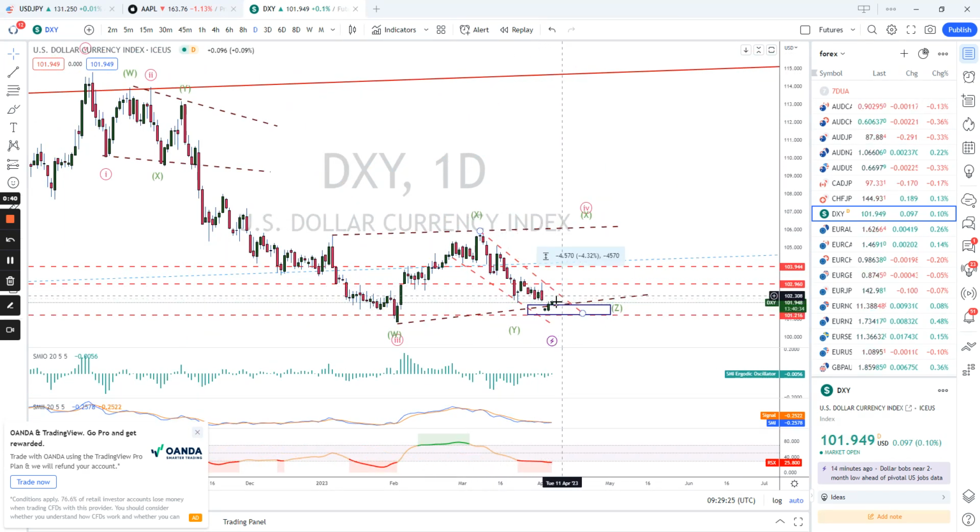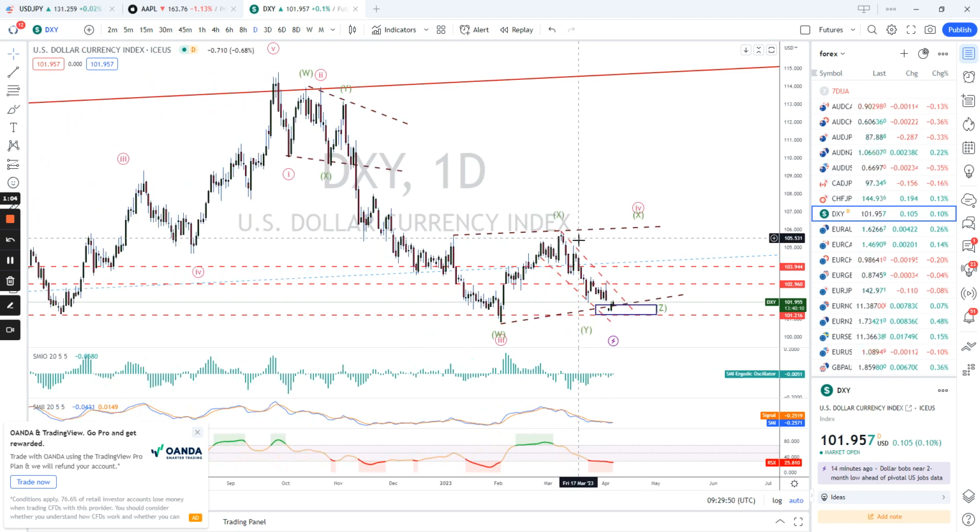So far we have a strong bounce from this support, and the break above this wedge, which is at 102.4, would lead to a continuation in swing higher to the point X, this 4 wave at 106.3.